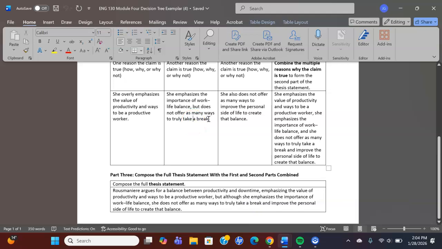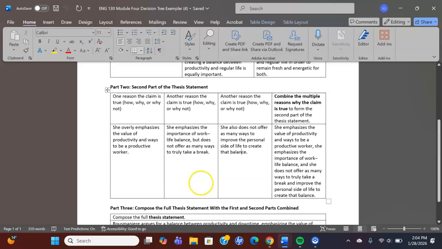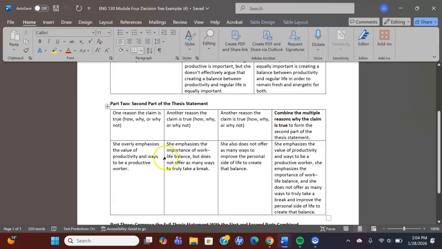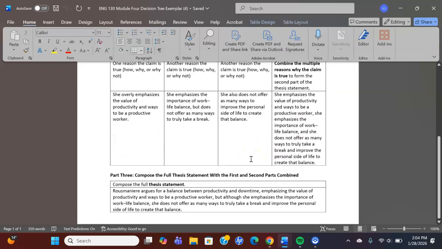So this is our second reason, and improve the personal side of life to create that balance. Okay, so you see how this student combined all the parts here, the first part of the thesis statement, including the claim, and then the reasons that support that claim as to whether the article is effective or ineffective.